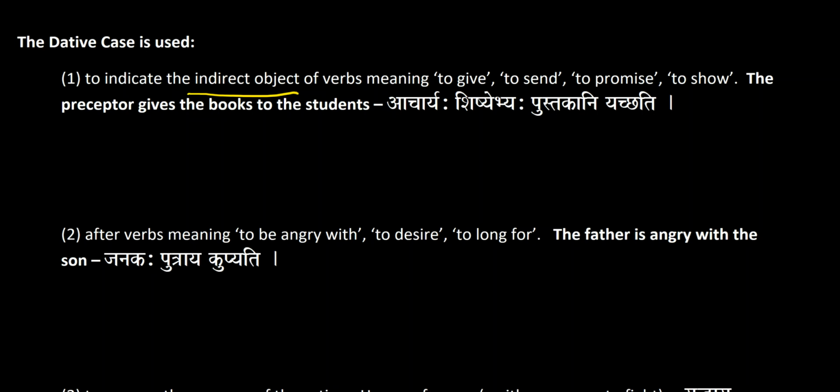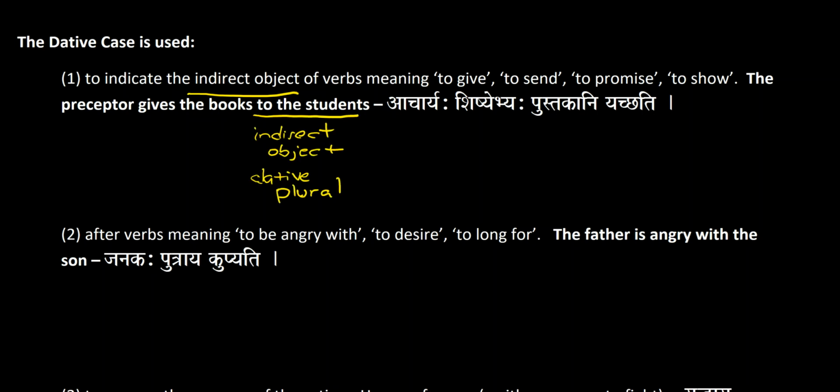The indirect object is a noun or a phrase that refers to someone or something that is affected by the action. The students are being affected by the teacher because the books are being given to the students. Hence, the students are the indirect object of the sentence.